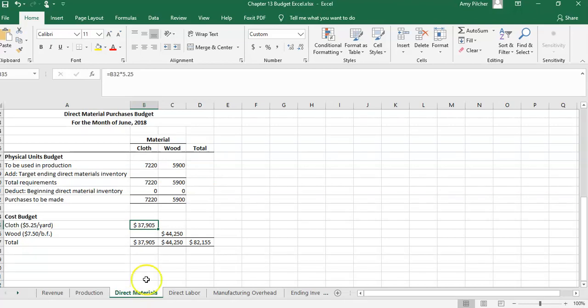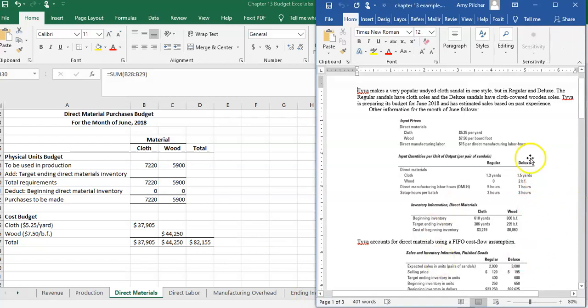So we have this information here. It tells us what we're going to use in production, that we have our requirements. We see here we have cloth requirements of 1.3 yards for each item for regular and 1.5 yards for deluxe.